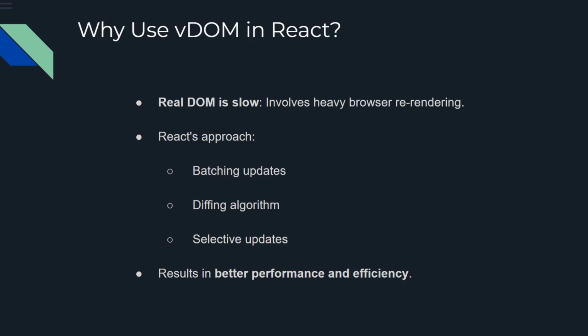Batching update means if one particular div and its element is changed, it will only recreate that particular div or node, right? So that's how batching update and the diffing algorithm come into the picture in React, which is very useful for making rendering very fast on the browser, resulting in better performance and efficiency.